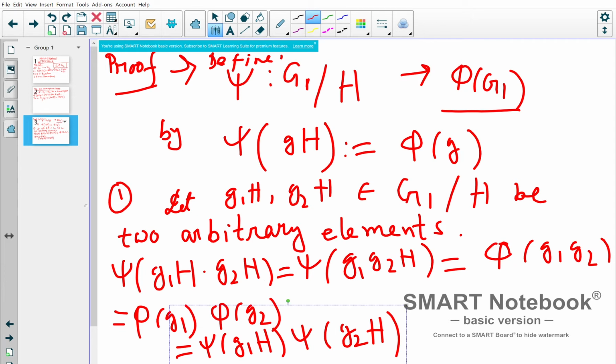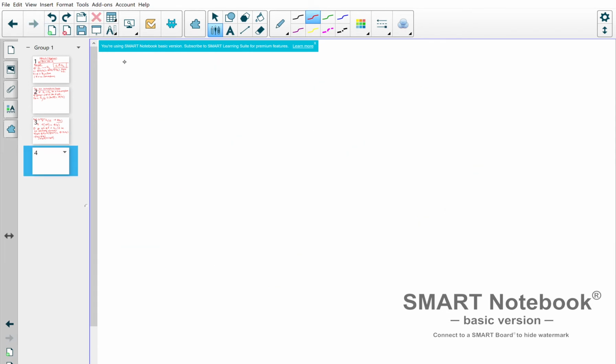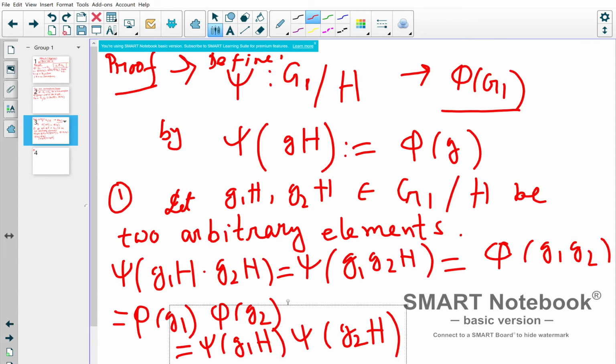So the first property is satisfied. Okay, now I need to check property number 2, that is, whether the map is bijective or not. To prove something is bijective, you need to check two things: whether the function is injective and whether it is surjective, right? So what is your guess? Is it an injective map?